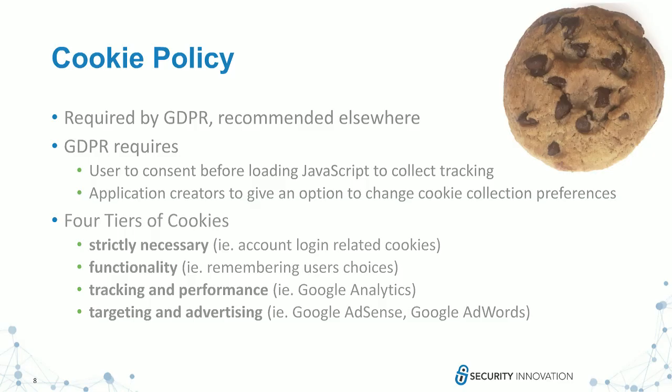And then finally, the last one here is targeting and advertising. So now we're talking about the Google features where they will collect information that will help them target advertisements to specific users.